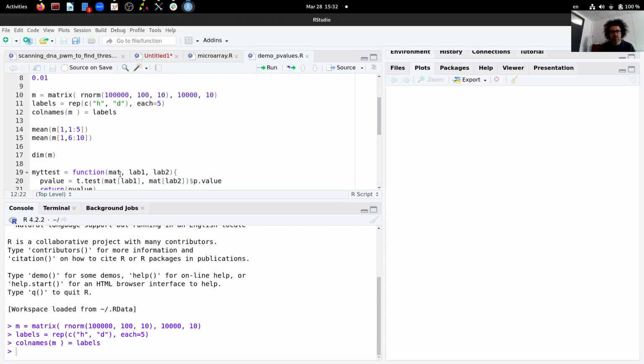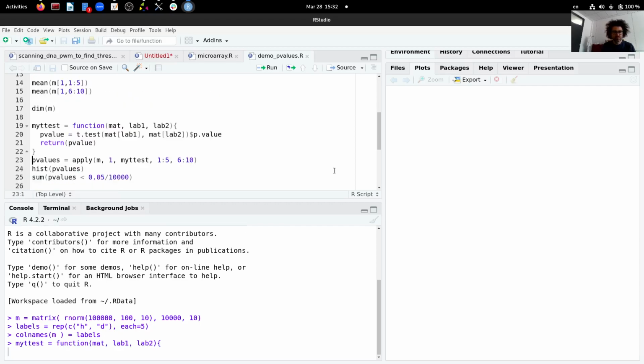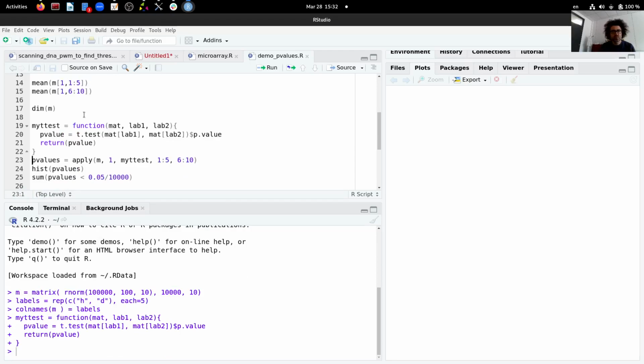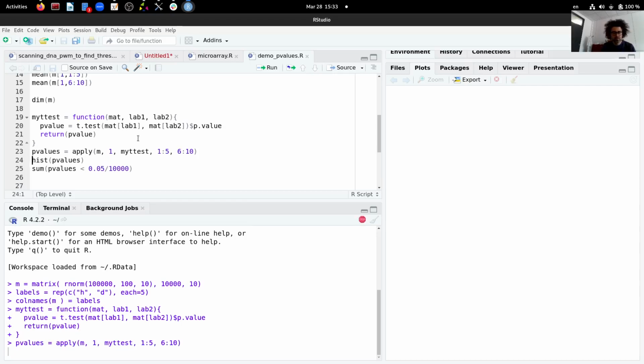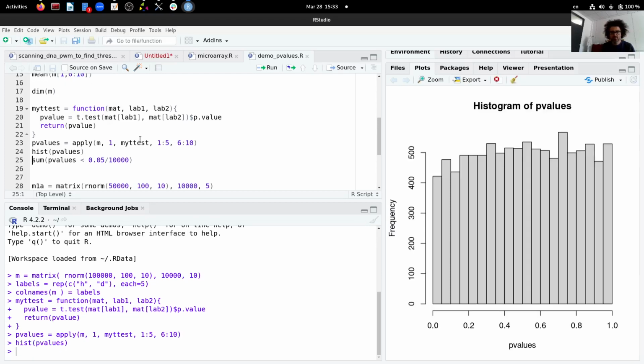Okay, let's go now to calculate p-values. So I wrote this small function to calculate the p-value of each row, and now we'll get these p-values. Okay, I think it's done, and the distribution of these p-values is here.